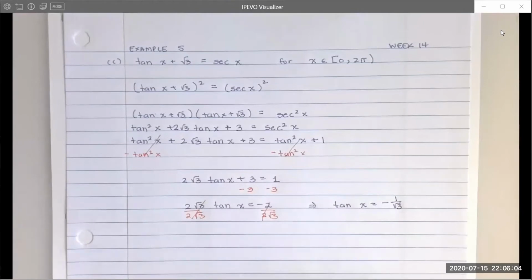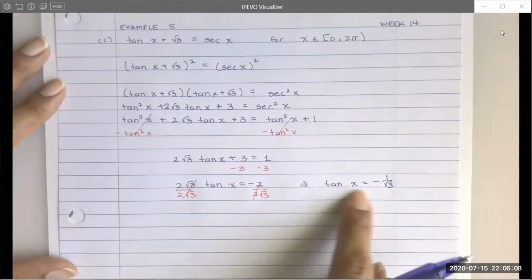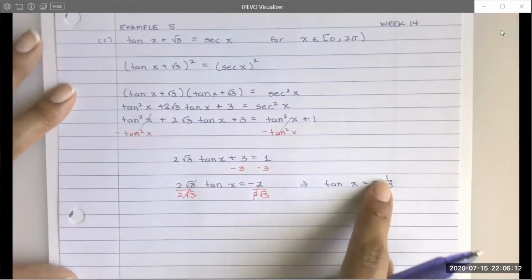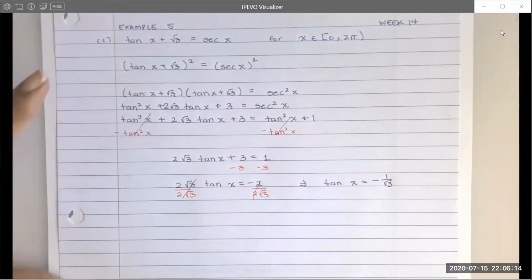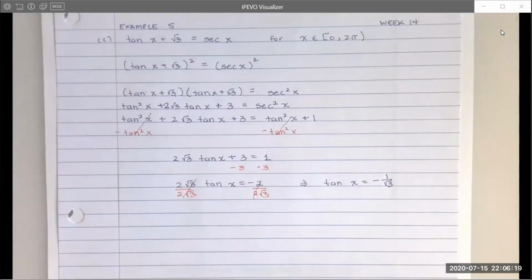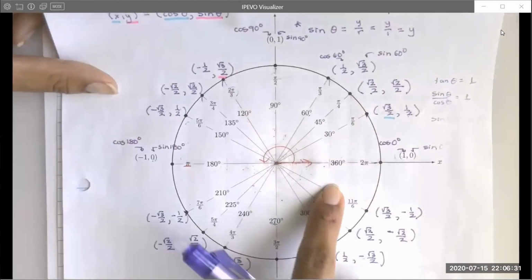Okay. So in order to see where tangent of x is negative 1 over radical 3, we would look at the unit circle. Tan is negative in quadrants 2 and 4. Okay, so let's see, in 2 and 4, we're focusing here and here.